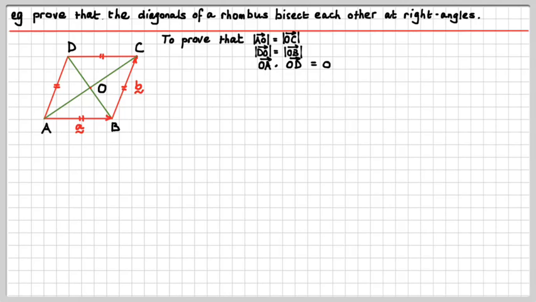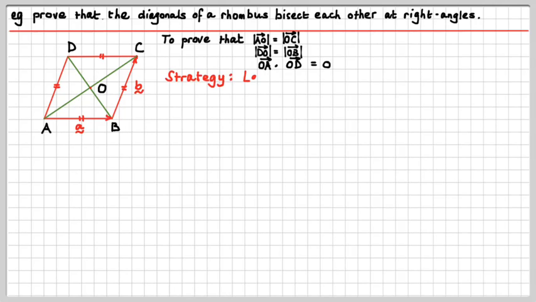And if we also prove that vector OA, which is half of that diagonal, dotted with vector OD, is naught, then we've proved that they're also at right angles to each other, which is all we need to prove. Now, I'm not suggesting for a moment that these diagonals are the same length. In fact, they're not, but they do bisect each other. So that's the bit we've got to prove, that the halves are actually halves for both of the diagonals, and O is at the centre of each diagonal.